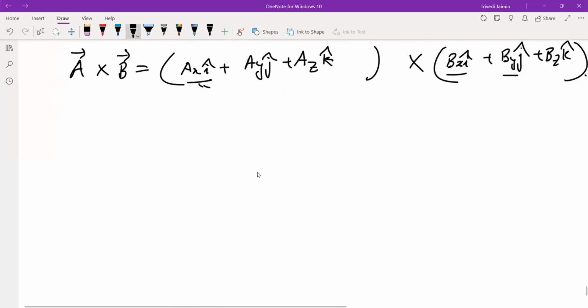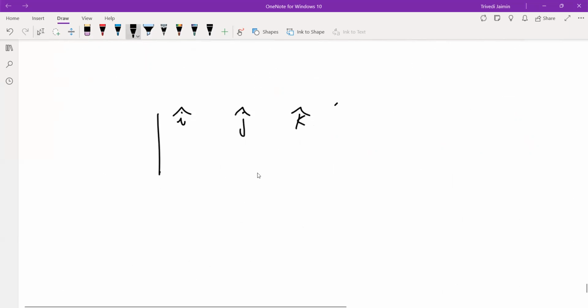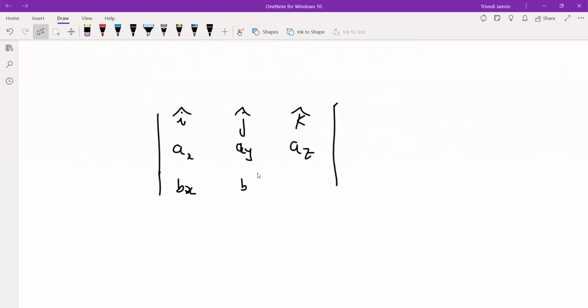Instead of that, we'll follow matrices. So write all the terms in a matrix: I, j term, k term. First, let's take A as a row, then B as a row: AX, AY, AZ; BX, BY, BZ.